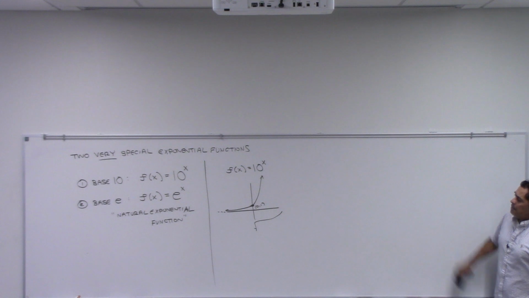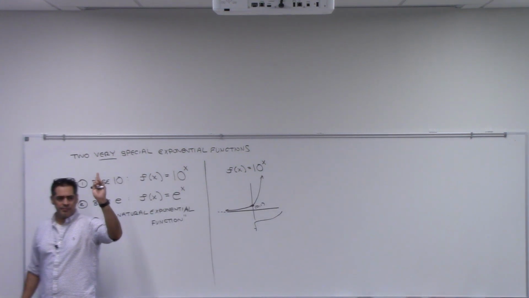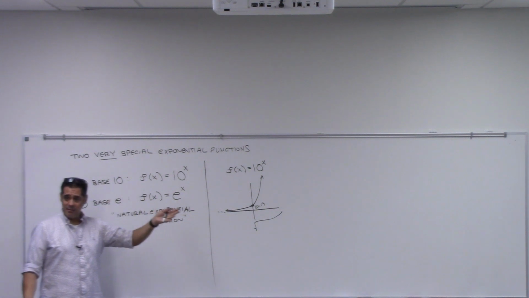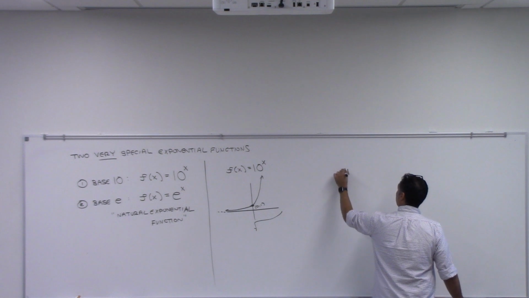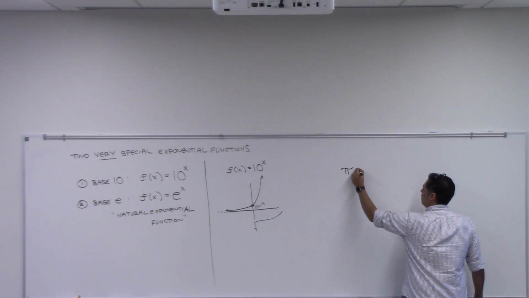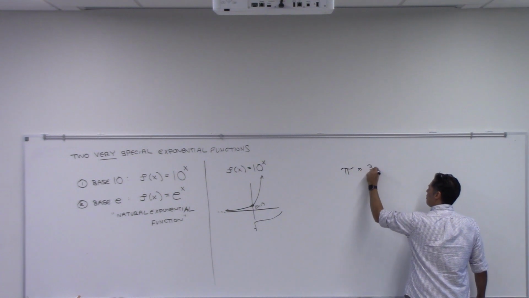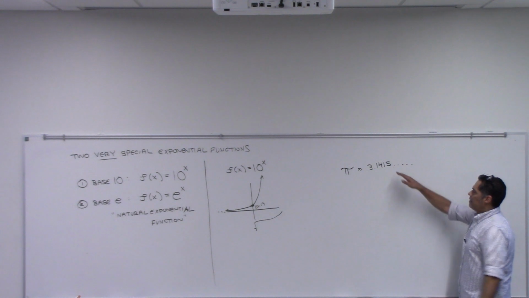All right, base E. We need to talk about this. E. How many of y'all have seen that letter before? Y'all know what it is? Do y'all know what pi is? Y'all seen pi before, right? What's the unique thing about pi? It's a never-ending decimal, so 3.1415, and it keeps going.